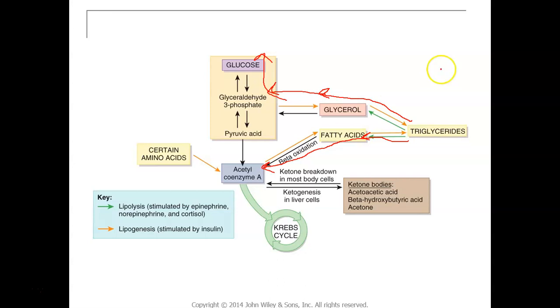But the kicker is your body, because of the triglyceride, there's the glycerol head and the 3 fatty tails. It's a really ugly fatty acid, but I'll take it. That glycerol portion can get converted back into glucose.